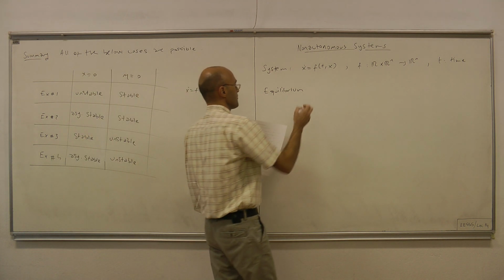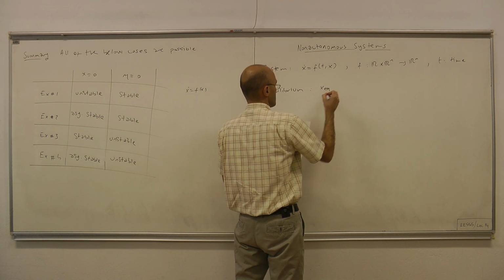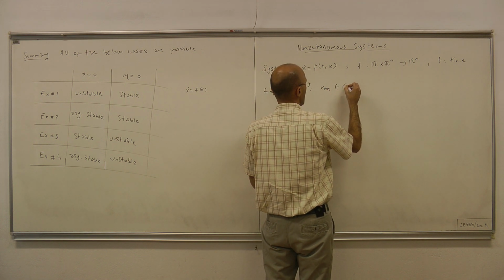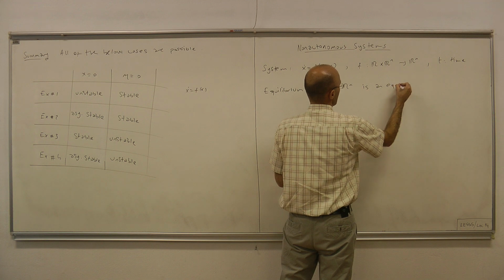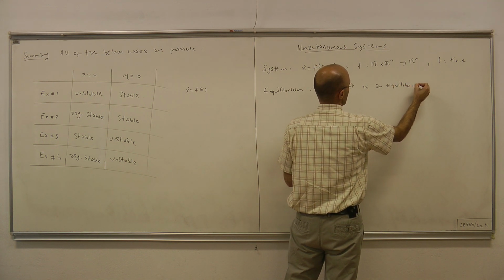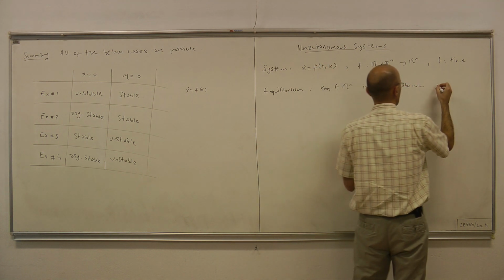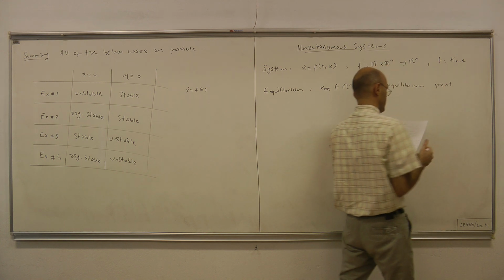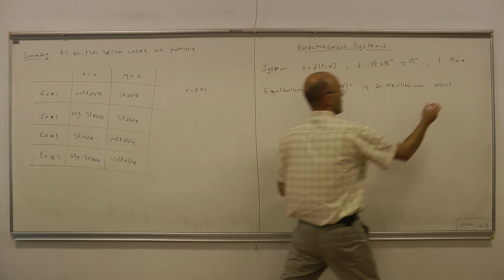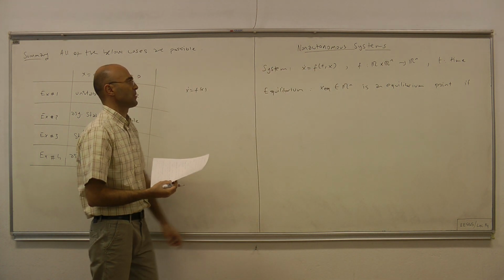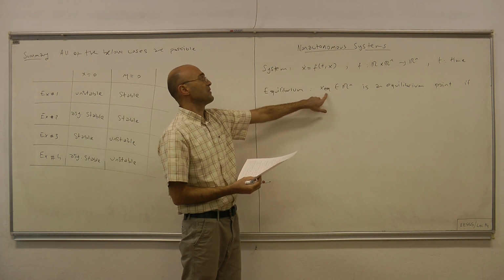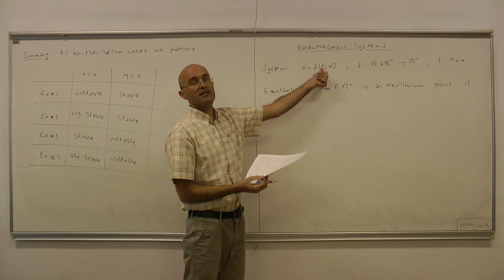It's as follows: x is an equilibrium point if the right-hand side at that x, at that candidate, is 0 regardless of t.